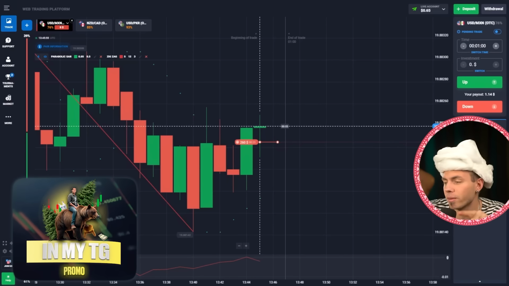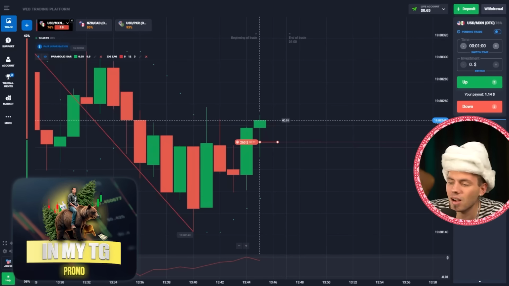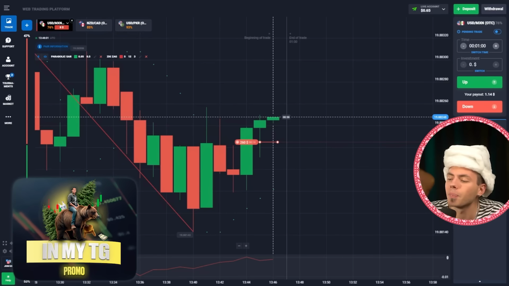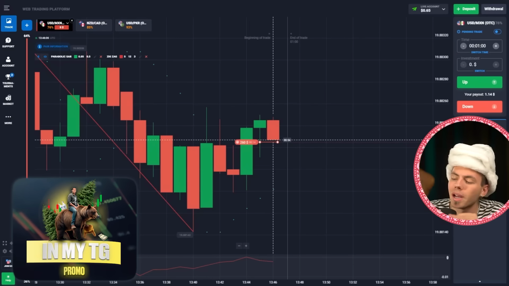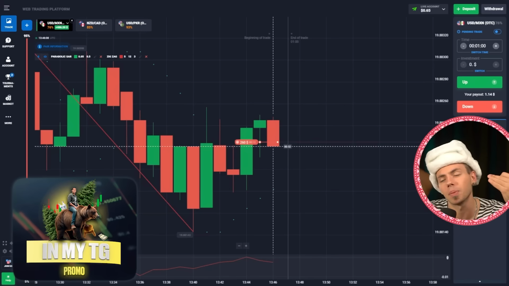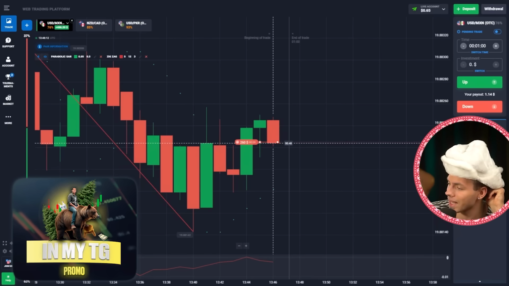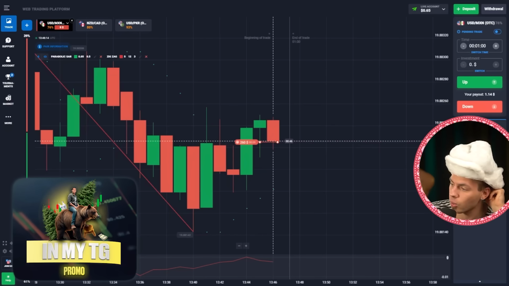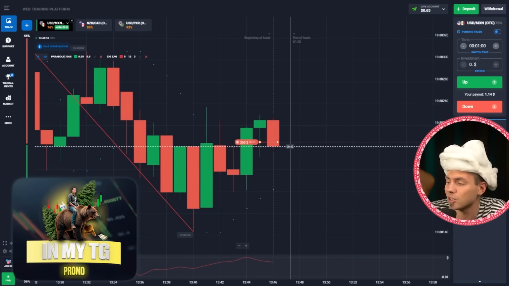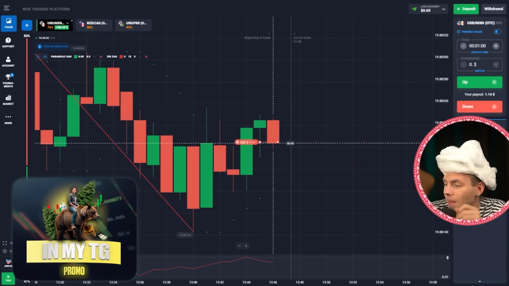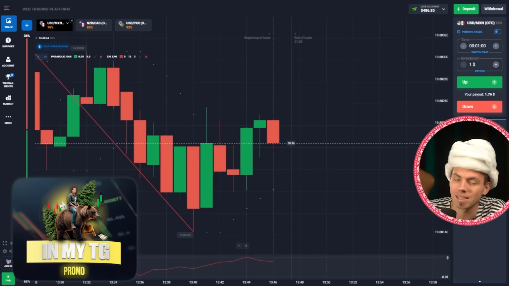Between these two levels we have a very strong resistance, which means that the price can oscillate in between these levels, but definitely will not break out of the upper level of this range. This means that right now we will see the option going down, so the short option, and all we need is to be a little bit patient, guys. And yes, we got a trade closed for $186.